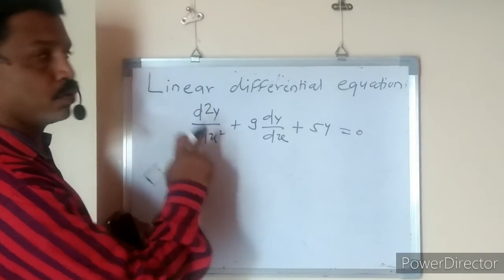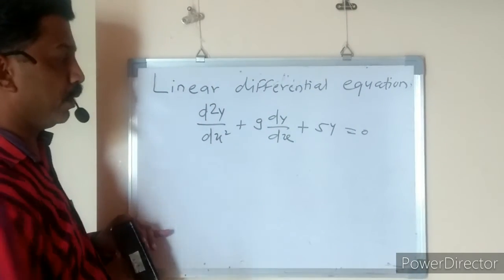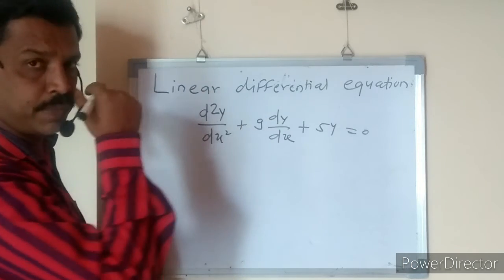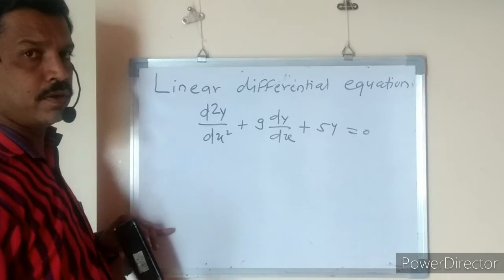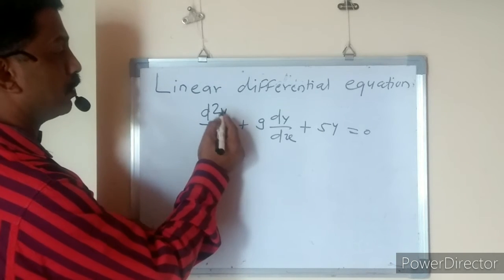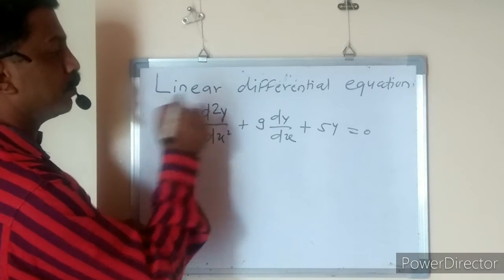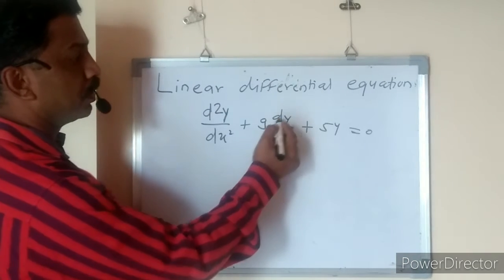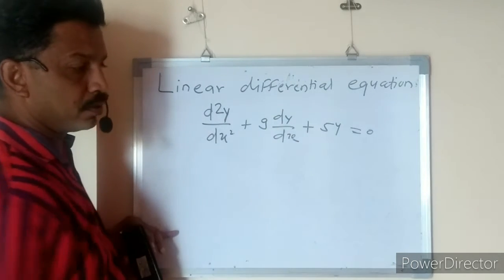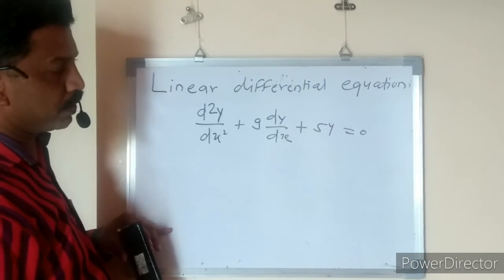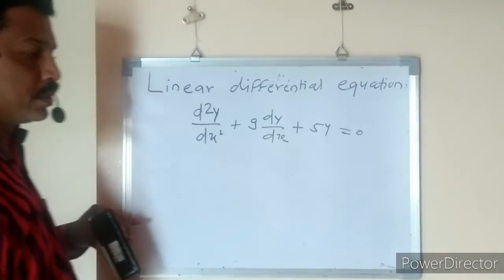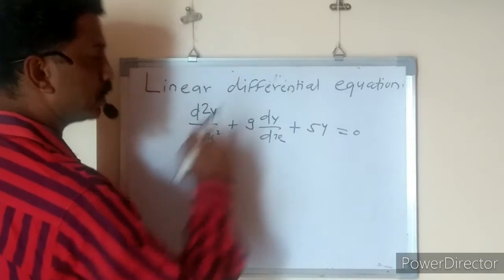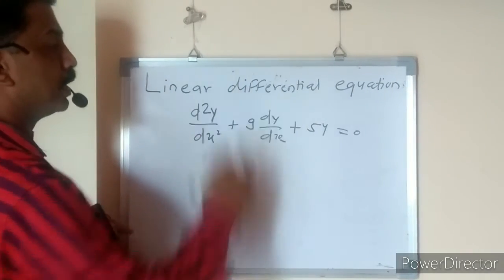This x is known as the independent variable, and y is known as the dependent variable. So the power of y, here it is y with no number, means its power is 1. Here also y, its power is 1, and here also y, its power is 1. Then such type of equation is known as a linear differential equation.